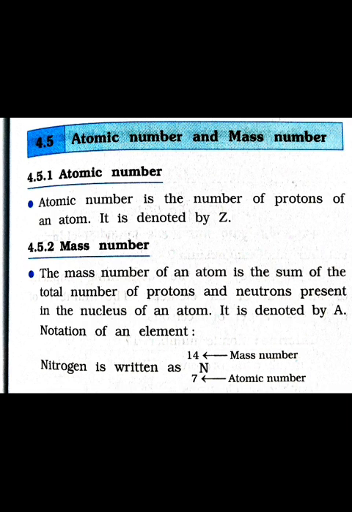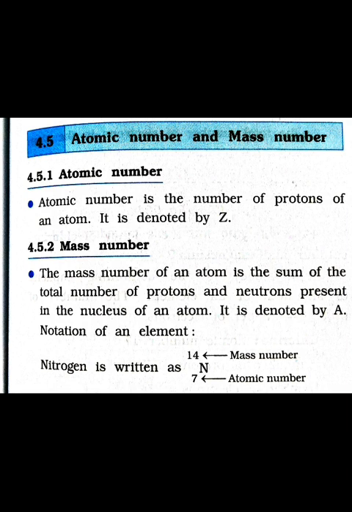Now, atomic mass number can be defined as the sum of the total number of protons and neutrons present in the nucleus of an atom. And atomic mass number is denoted by A. Using atomic mass number and atomic number, an element can be represented using its symbol by writing its atomic number at the left bottom and the atomic mass number at the left top.